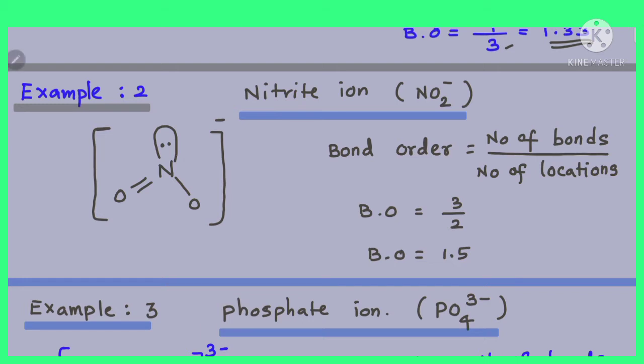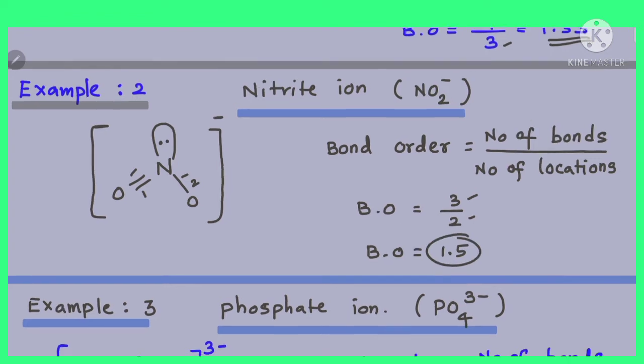So the total number of bonds is 3, 2 bonds here and 1 here. Bond locations are 2: this is the first location, N double bond O, and this is the second location. So 3 by 2 is 1.5. The nitrite ion bond order is about 1.5.